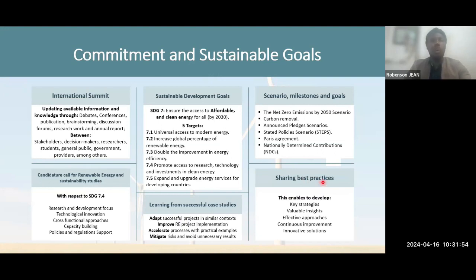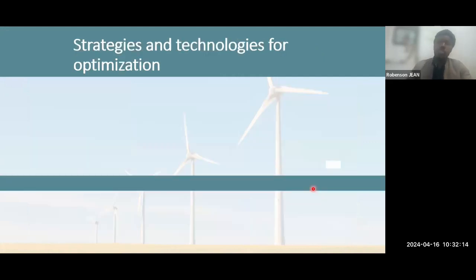So this will also enable us to develop key strategies, valuable insights, effective approaches, and a continuous improvement of the process that we have set. And this will allow us to bring innovative solutions that will help also to accelerate the process.